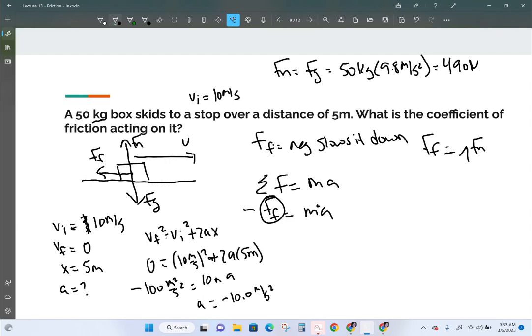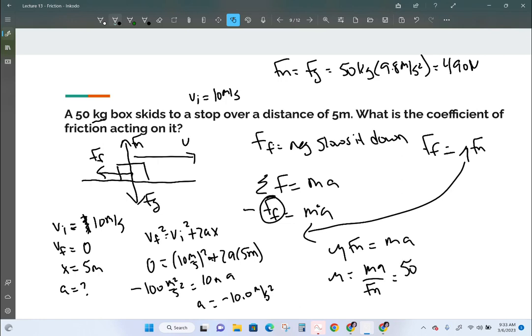So FF is also equal to MA. So I'm going to plug these in. Mu Fn equals MA. And mu is going to be equal to MA divided by Fn.